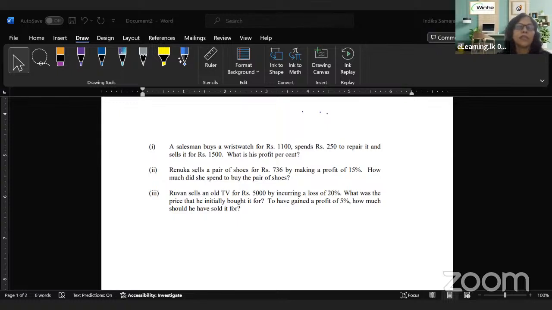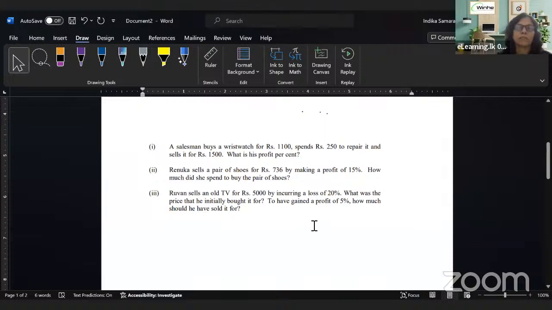How do you find the profit? එතකොට current value එක කීයද වෙන්නේ? මෙතන current value එක එන්නේ 1,100ට ඔයා එක you have to add 250.